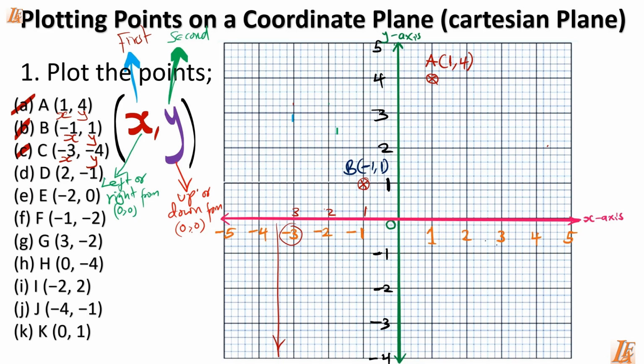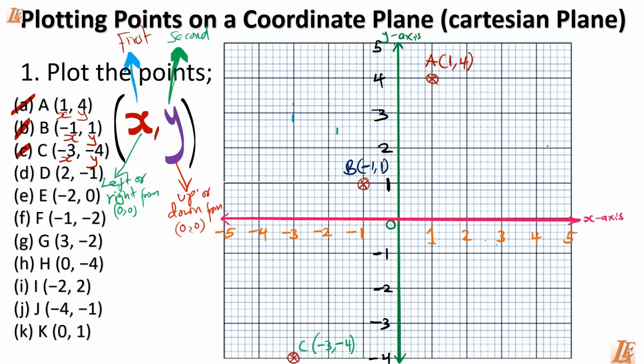So you will move from -3, you move 1, 2, 3, and 4. So that point you are looking for is this one here. This is point C with the coordinates (-3, -4): 3 steps to the left on the x-axis, then 4 steps from the origin downwards on the y-axis.